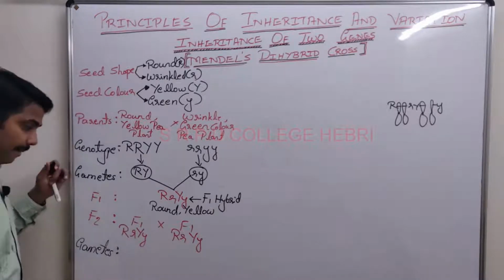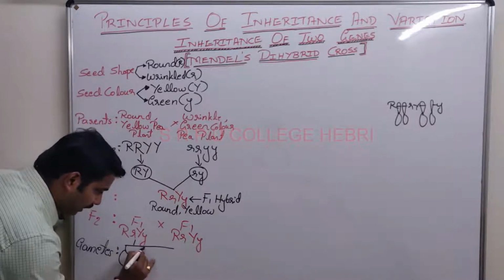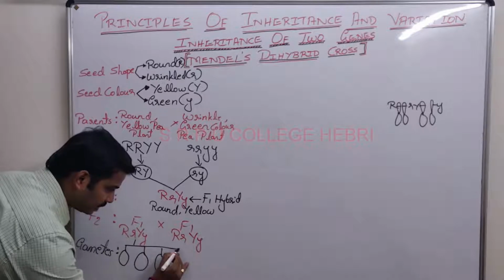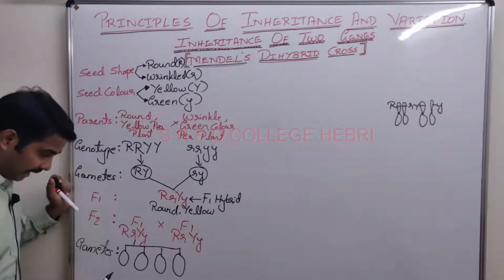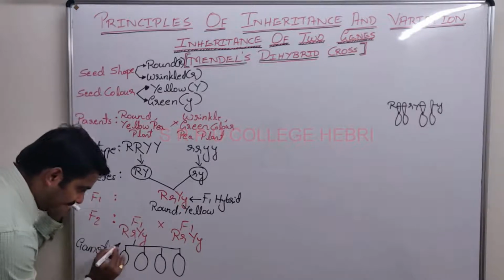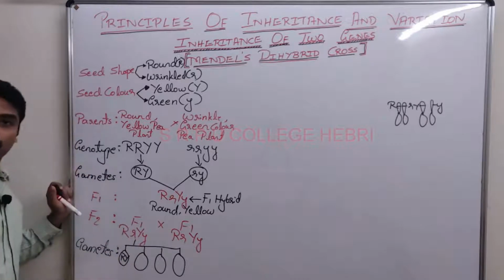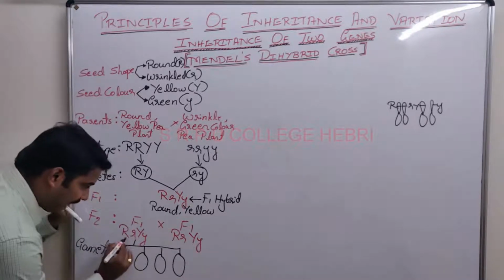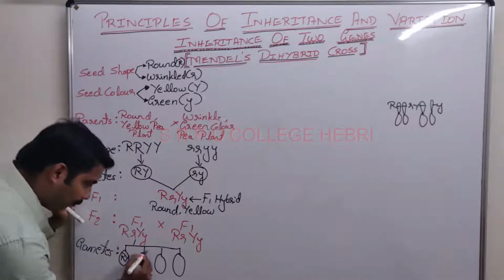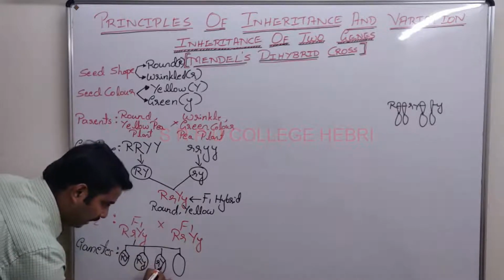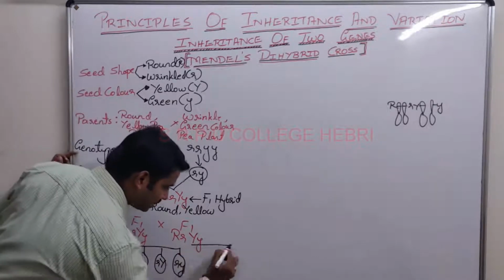Formation of the gametes. The F1 plant formed the gametes. The question is, are all gametes of the same type? No. Here, few gametes carried, very important, capital R, capital Y. Few gametes had capital R, small y. Few had small r, capital Y, and small r, small y. Let me write once again.